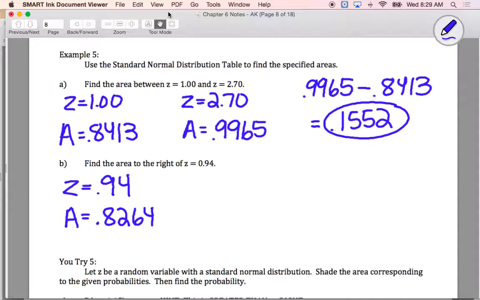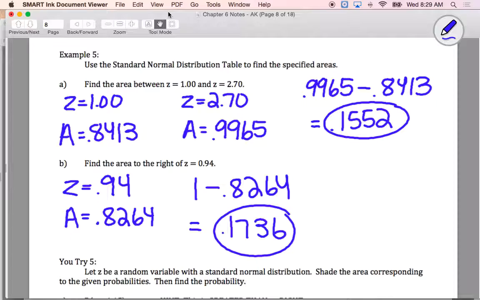0.8264. Now, if you go back to the last page that we just did, it says if you see the word right, you have to take 1 minus the value you just found. So if it says right, you take 1 minus the value. So when I subtract those two, then I have 0.1736.